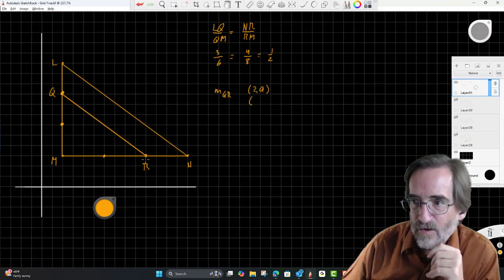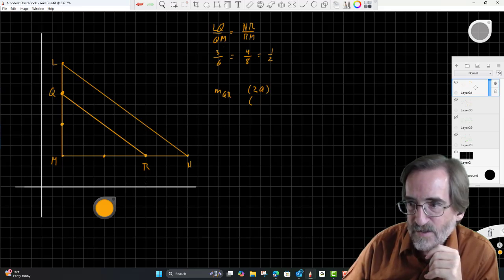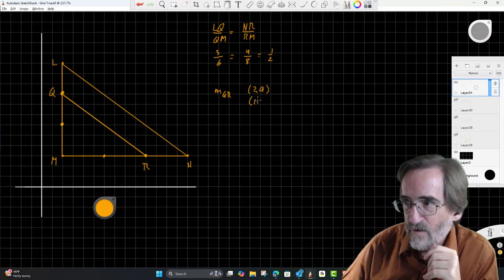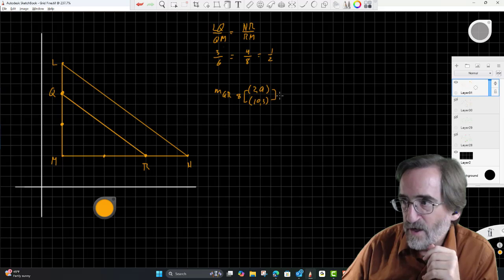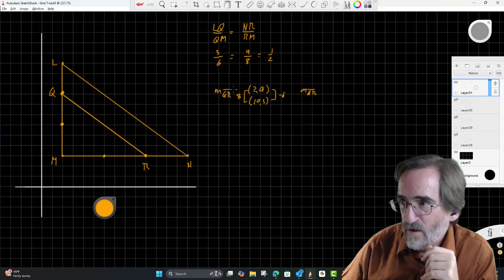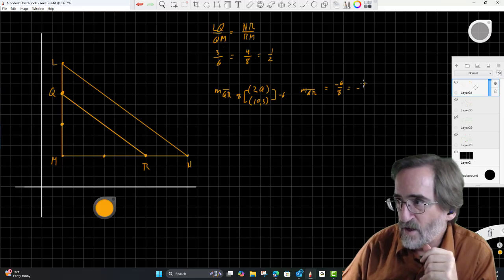And R is 2, 4, 6, 8, 10, and 3. So my change in X is 2 to 10, which is up 8, and 9 to 3, which is down 6. So the slope of QR is negative 6 over 8. Reduced by 2, that's negative 3/4.